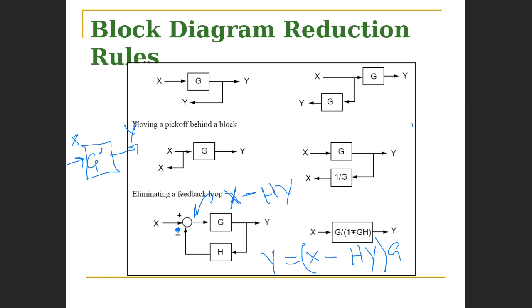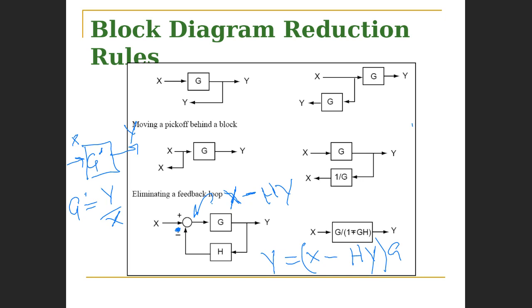What is G prime equal to? G prime is equal to Y over X. So when we come down here, we simply write Y over X, and whatever comes out, that is the transfer function.